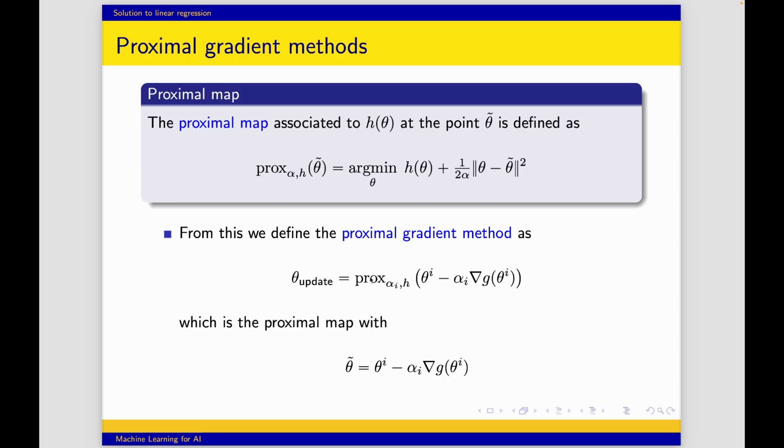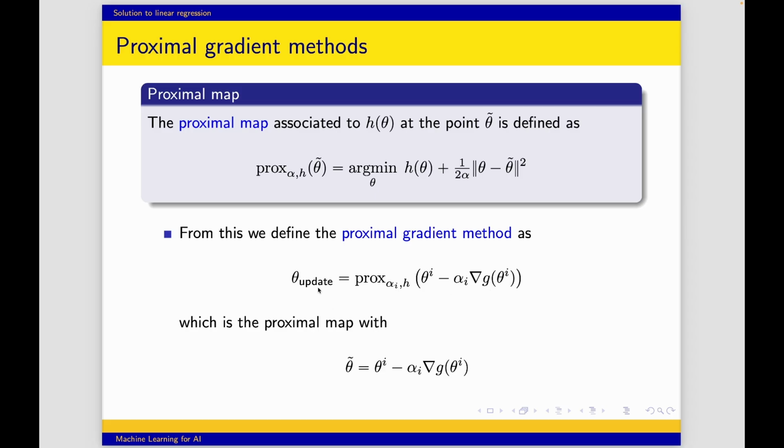Okay, how does this relate to the problem we've been looking at? Well, it relates as follows. Our update based on our quadratic surrogate or upper bound is the proximal map associated to the function h with parameter alpha I, evaluated at theta tilde equals theta I minus alpha I gradient of g at theta I, which is what? It's the gradient descent update based on the smooth function, beta smooth function g. That's what this is.